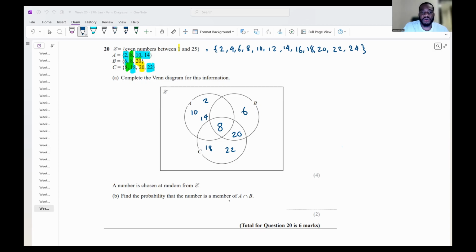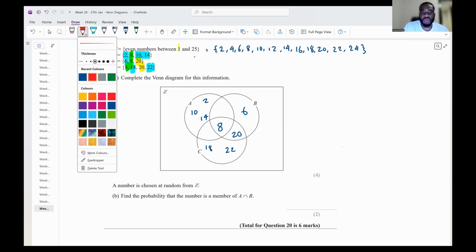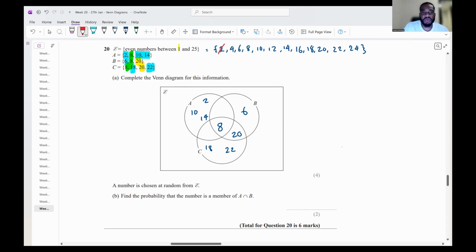No, because we need to do the outside. So let's mark off all the numbers that we've used. We've used 2, we've used 6, we've used 8, we've used 10, we've used 14, we've used 20, we've used 18, and we've used 22. And I think that's it, isn't it?